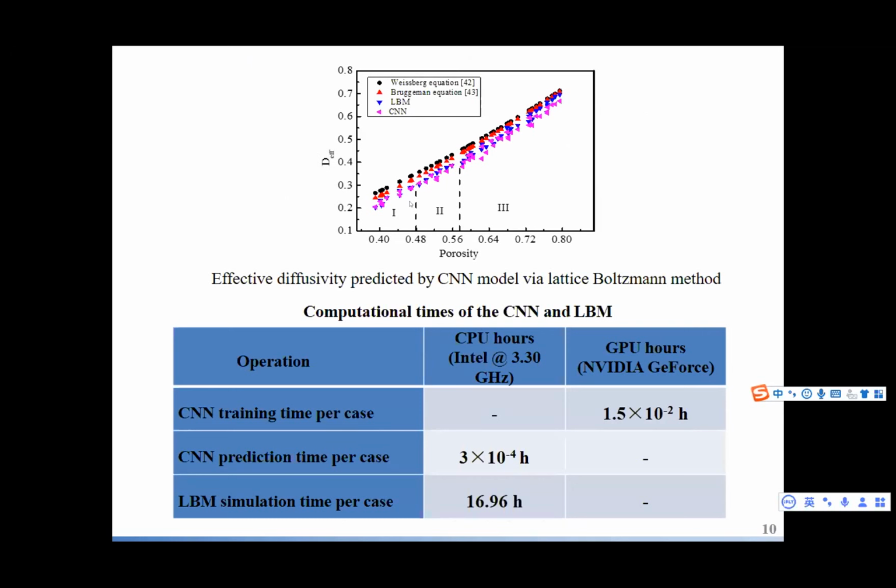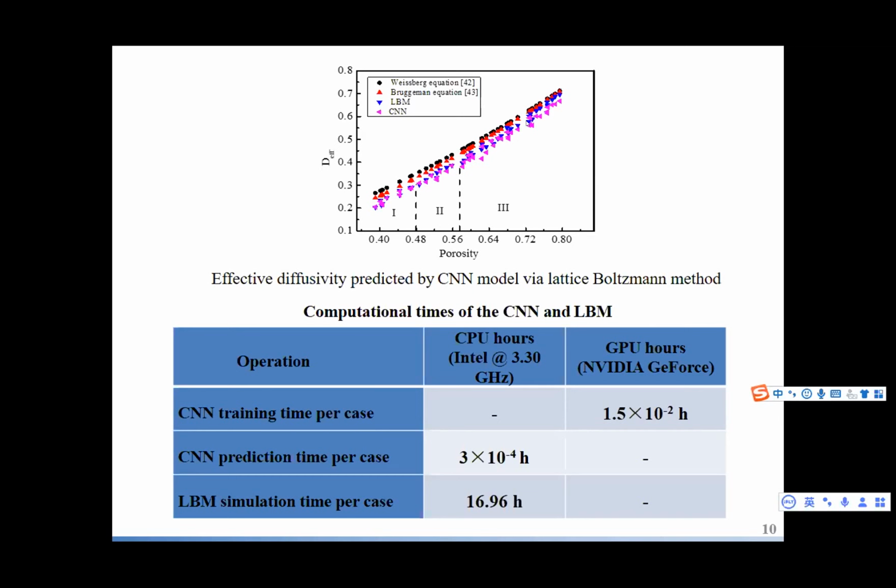We compared four results: two empirical correlations, the Weissberg equation and the Bergman equation, the results by pore-scale simulations with lattice Boltzmann equations, and the one predicted by CNN. We found that the CNN prediction is closer to the lattice Boltzmann method, and the two empirical correlations are a little far from the results.